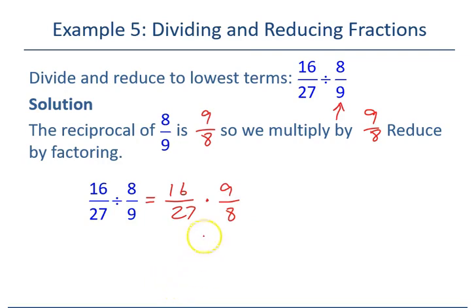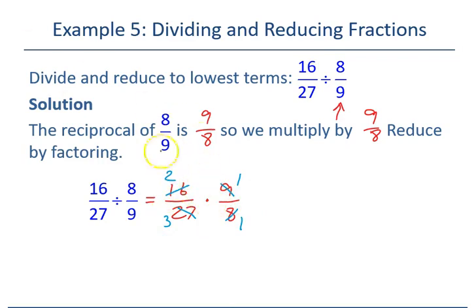Now let's look very carefully here. Notice that we have some common factors. 9 will go into 27, so let's reduce that before we do anything else. 9 divided by 9 is 1, and 9 will go into 27 three times. Then here I've got 16 and 8. 8 will go into 8 one time, and 8 will go into 16 two times.